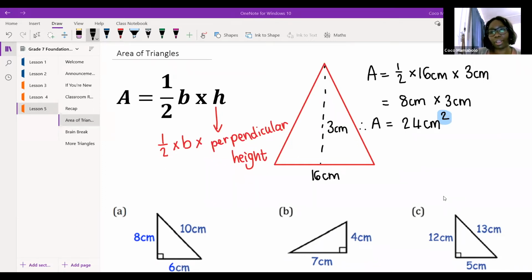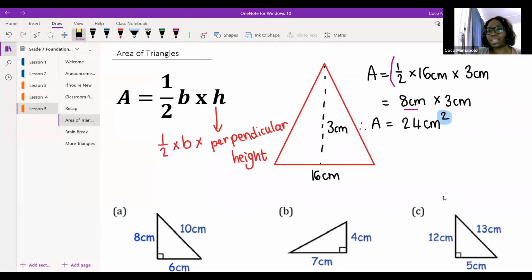So if I have 16 centimeters, what is half of that? 8. So what we're doing is looking at just half of 16 centimeters, which is 8. And then we still have to multiply that answer by that 3 at the end. Okay, so we just look at half of that and then we multiply it.